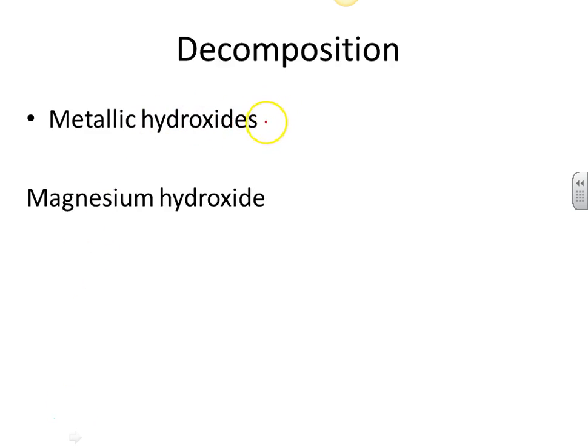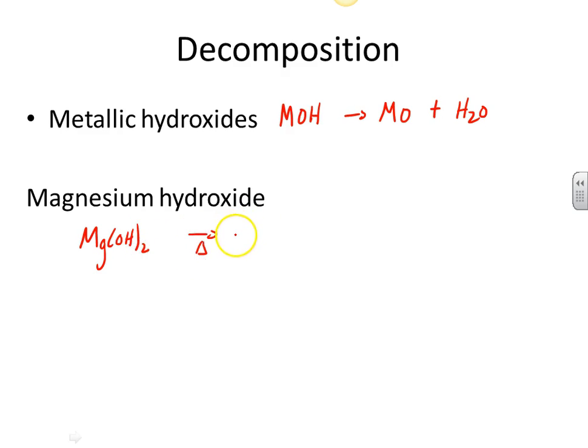Metallic hydroxides decompose to produce a metal oxide plus water. As an example, magnesium hydroxide, Mg(OH)2, decomposes, if heated, to produce magnesium oxide plus water.